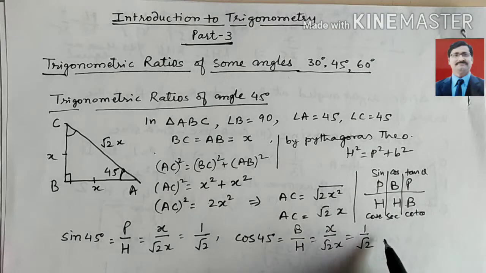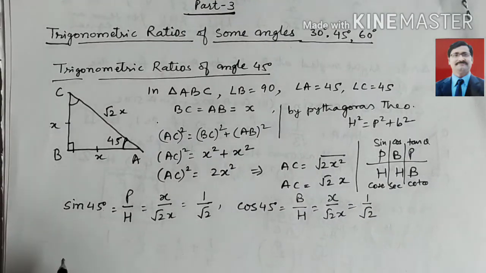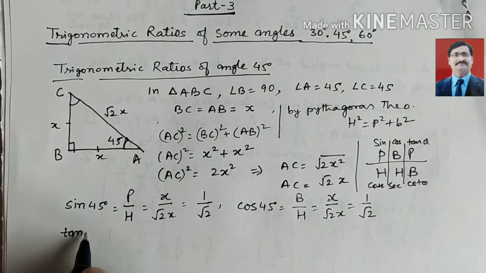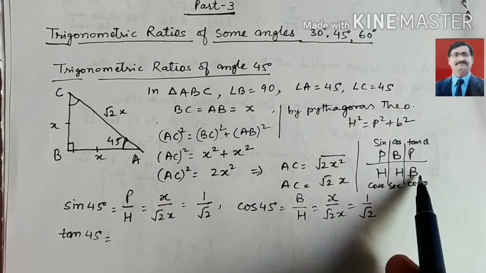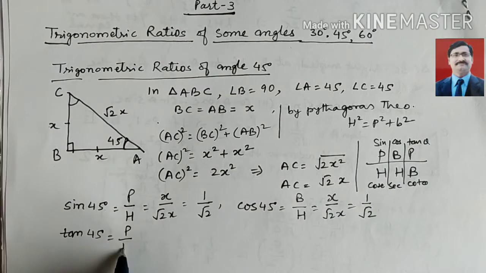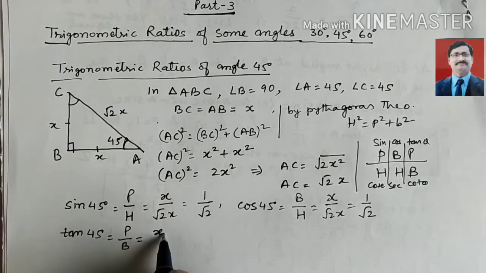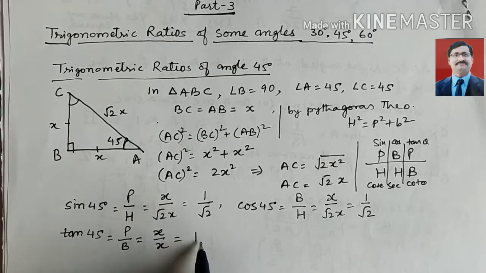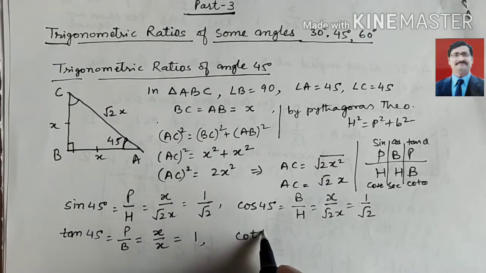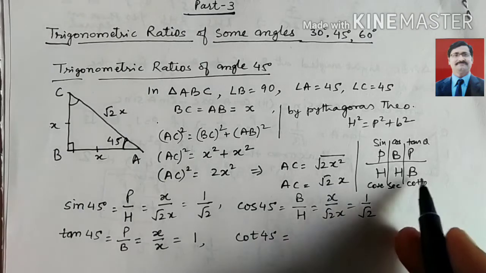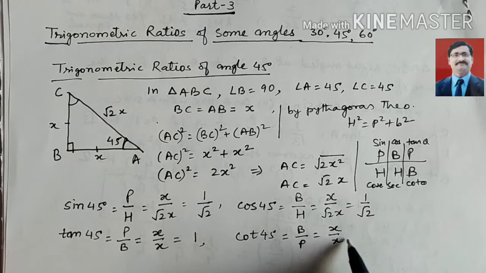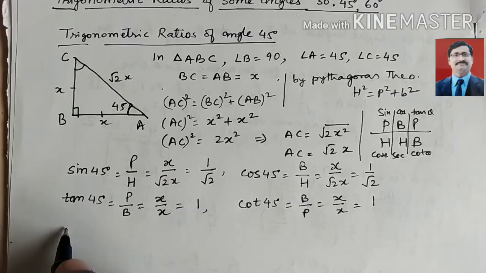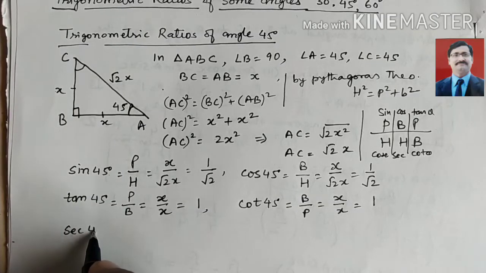Similarly for tan 45, tan is perpendicular upon base. Perpendicular is X and base is also X, so you get 1. Then cot 45 is base upon perpendicular, X upon X, so we get 1.